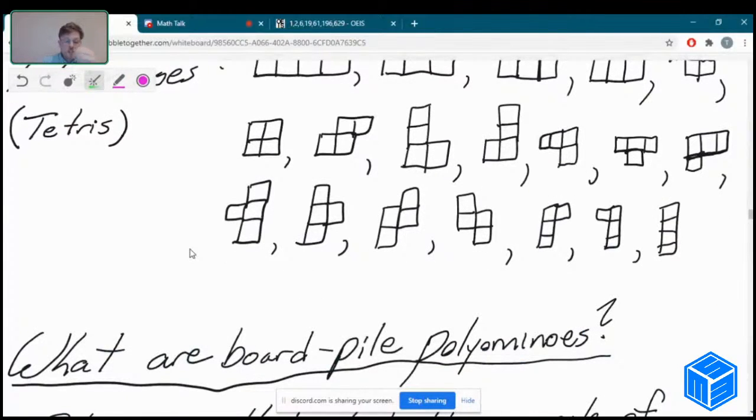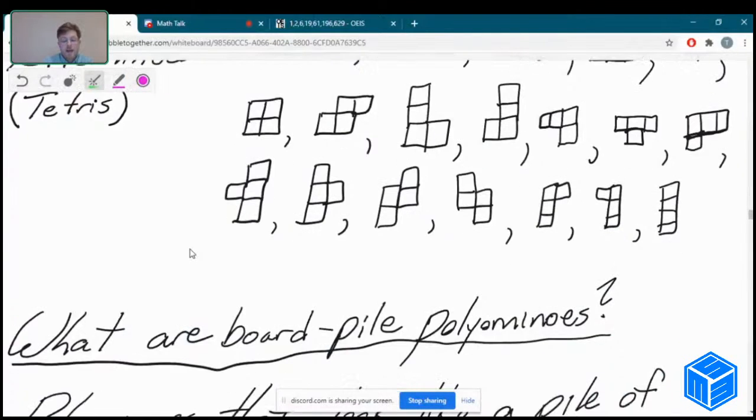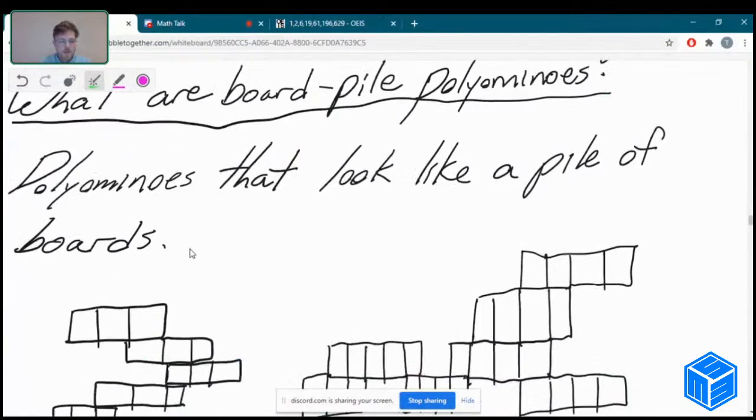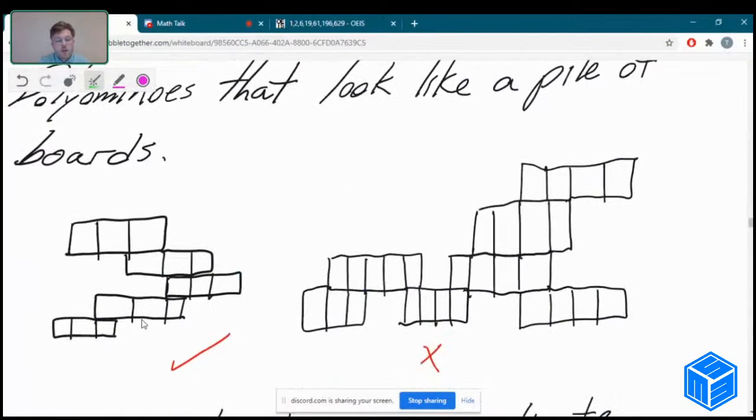So it didn't just say polyominoes, it said board pile polyominoes. So I had to look up what that meant. And that means, well, polyominoes look like a pile of boards, but we can do better than that. So there can only be one strip of polyominoes per y coordinate, is the way I usually think of it. So my first example here, if you want to look at these as y coordinates, only has one connected row of cells.